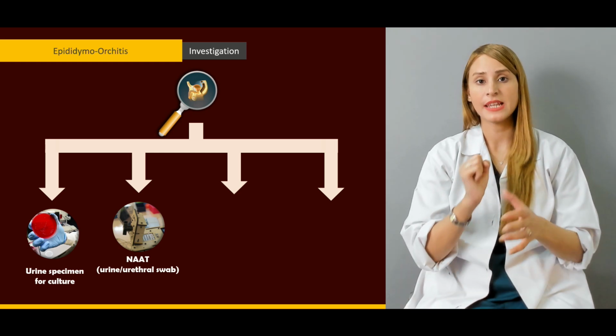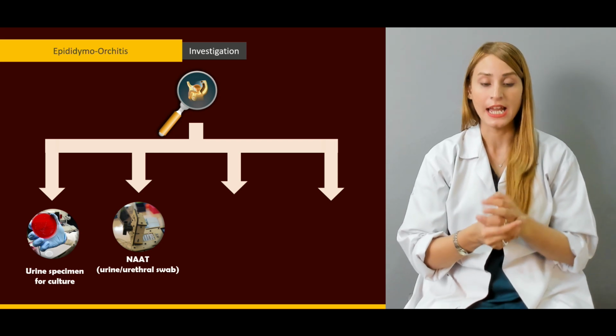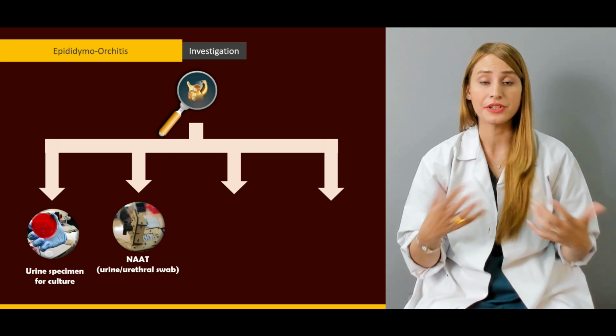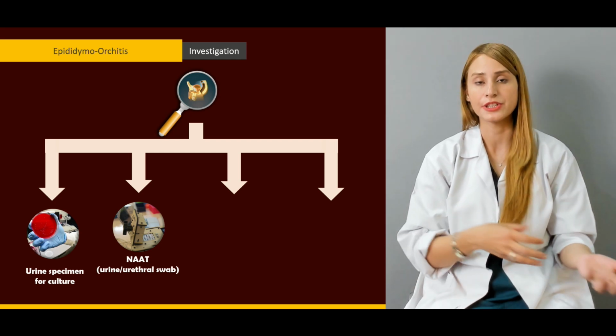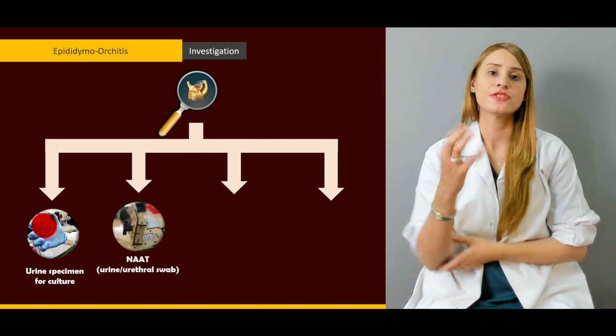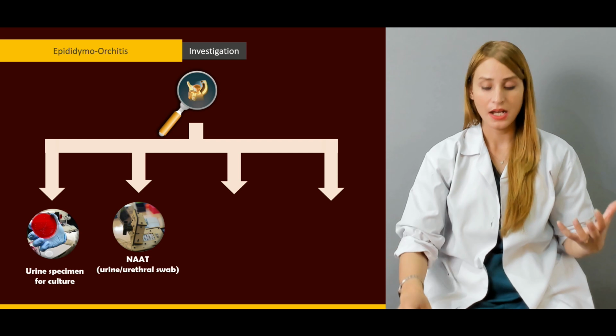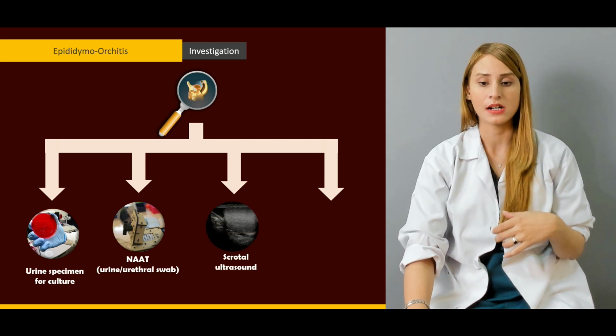Then there's another important thing, which is NAT, nucleic acid amplification testing. You send the urethral swab and the urine for nucleic acid amplification testing, just to find out the causative organism behind the epididymo-orchitis.